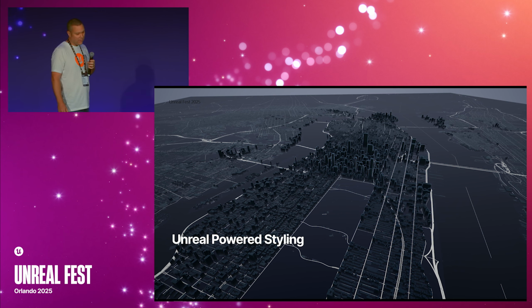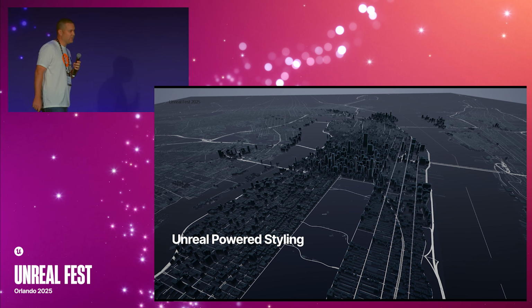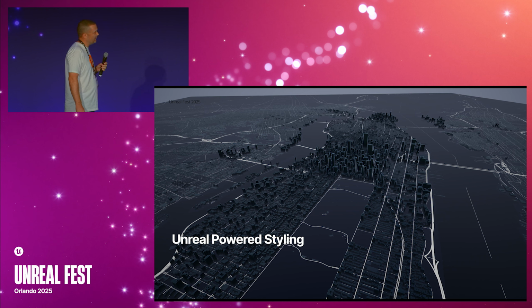The things that we're working on this year to get this ready: we have our Unreal powered styling. You just saw the many different ways that the map can be visualized, and we're really excited to see what types of designs people can come up with.